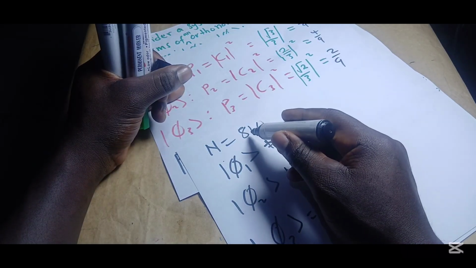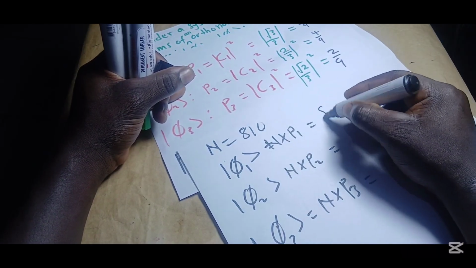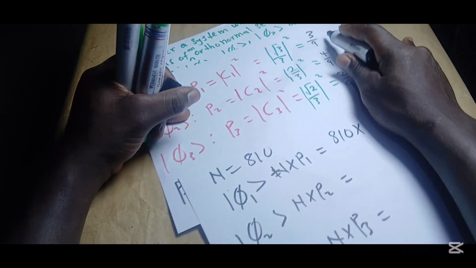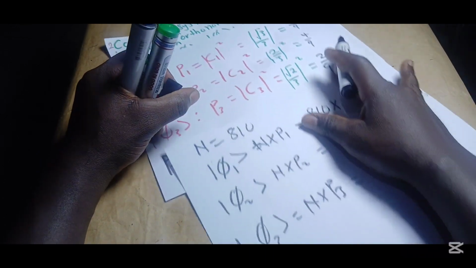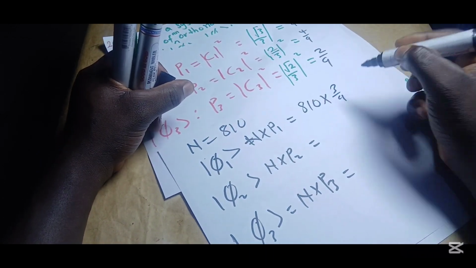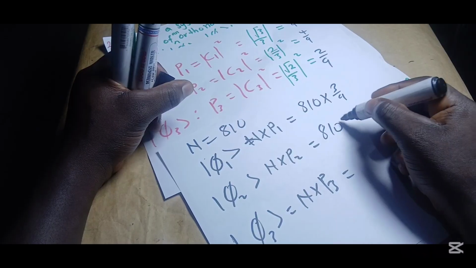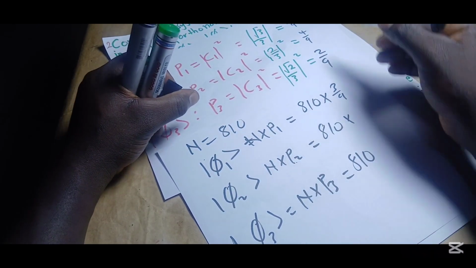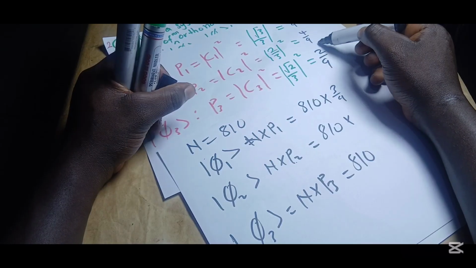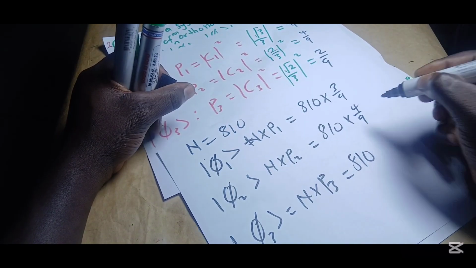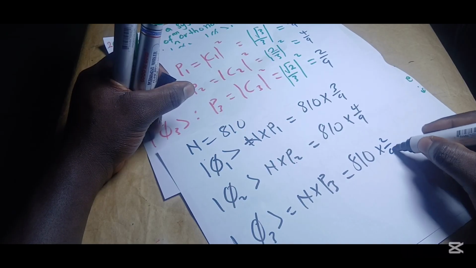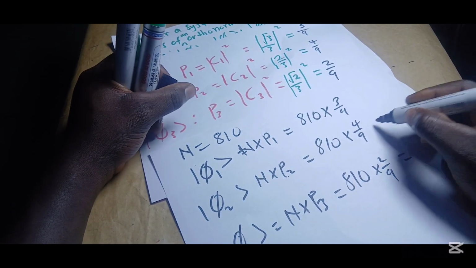Our N here is 810. So it is going to be 810 multiplied by the probability contribution of phi 1, which is 3 on 9, then 810 multiplied by P2, which is 4 on 9, and 810 multiplied by P3, which is 2 on 9.